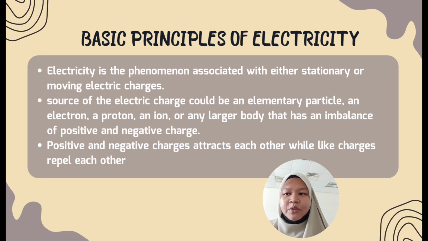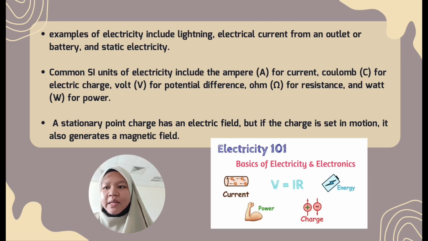Basically, the basic principles of electricity are: voltage is the difference in charge between 2 points, current is the rate at which charge is flowing, resistance is a material's tendency to resist the flow of the charge or current. So, familiar examples of electricity include lightning, electrical current from an outlet or battery, and static electricity.